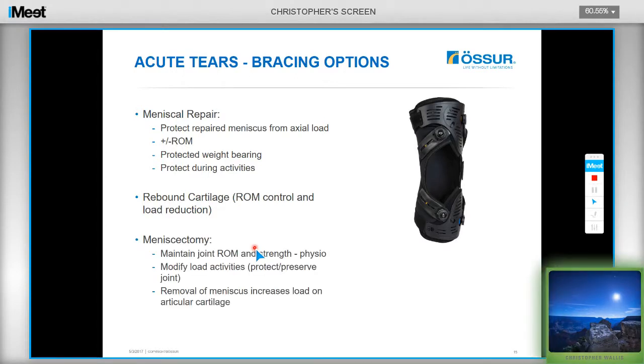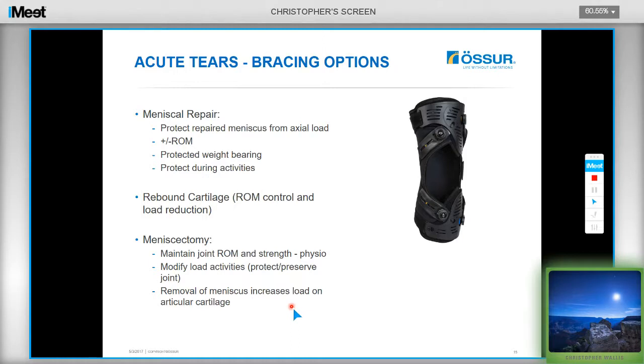For those acute tears that do undergo meniscectomy, as I said, the main thing from a physio perspective is that they really want to maintain joint range of motion and joint strength. From an activity perspective, what they will want the patients to do is modify their load activities.